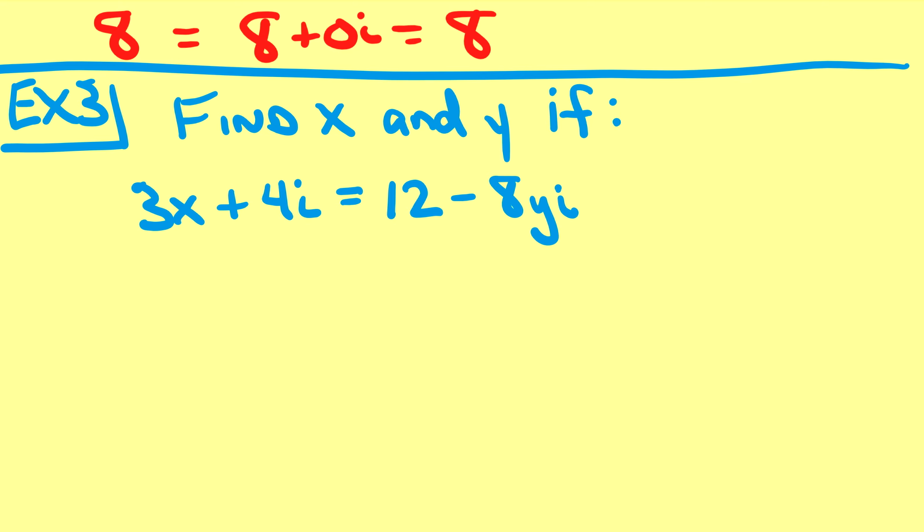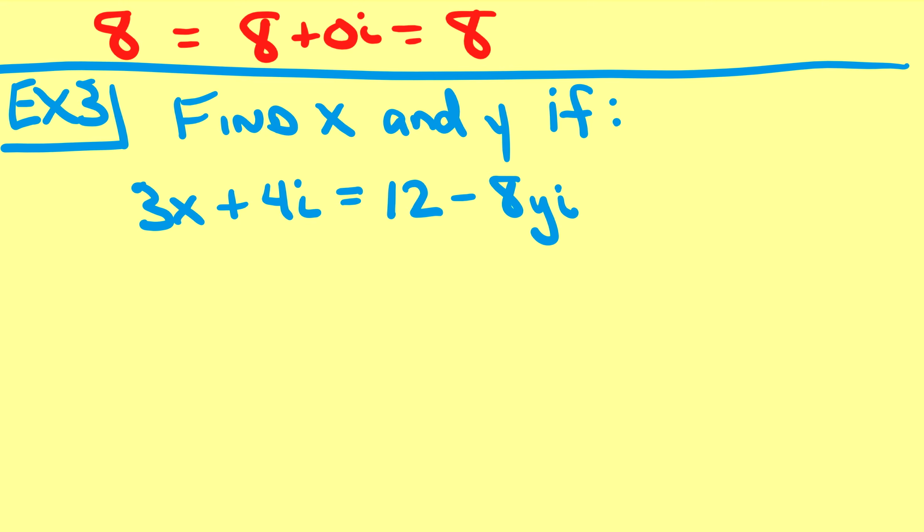However, it's basically the patterns that you're looking for that follow from one problem to the next. Notice that I have 3x plus 4i equals 12 minus 8yi. So I'm going to start off with the y.